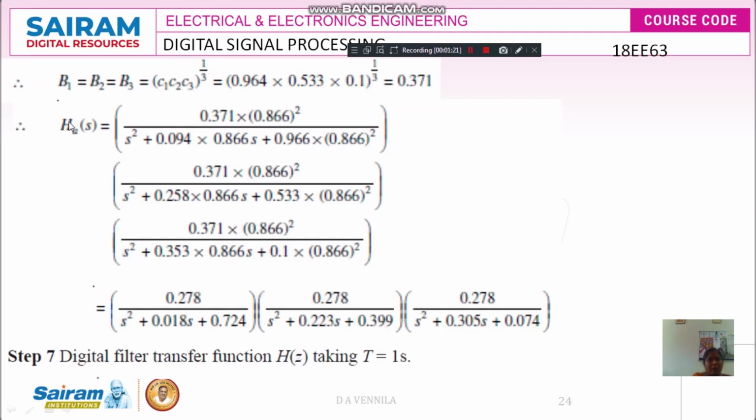Now, the analog transfer function: we are going to substitute all these values. This formula I have already written.